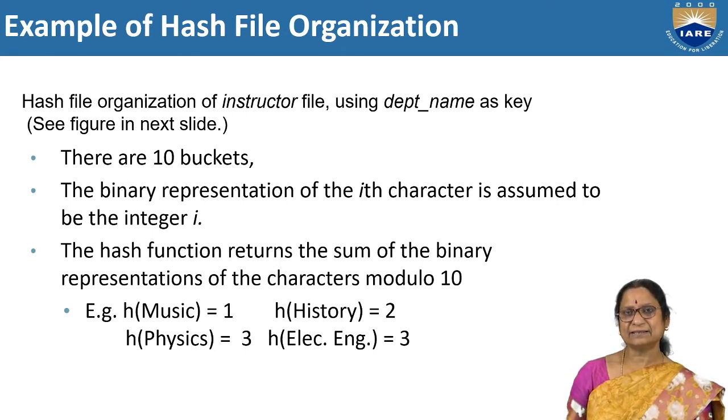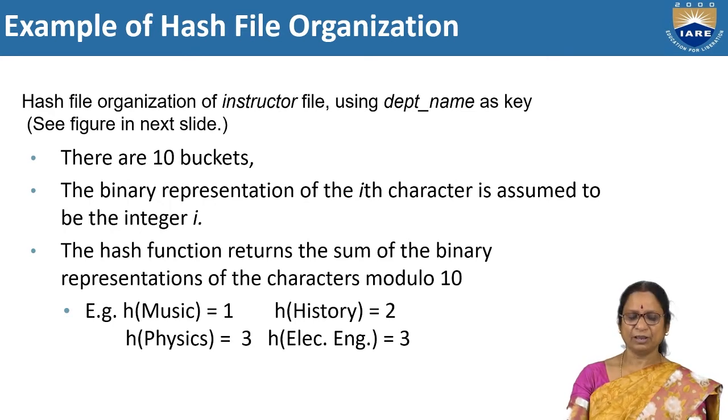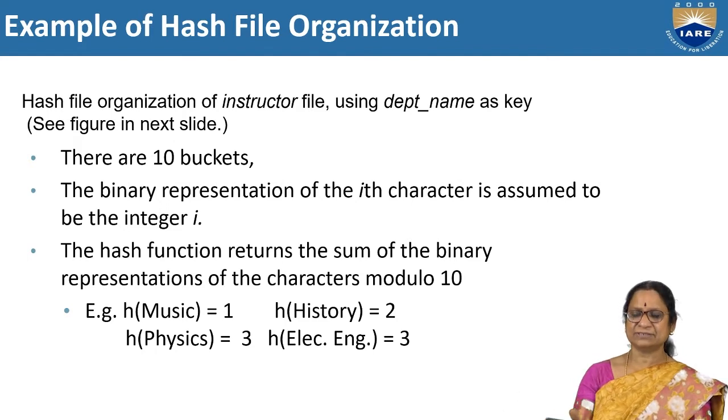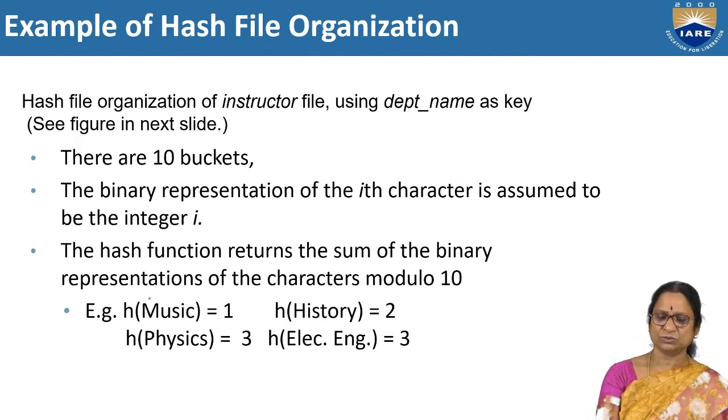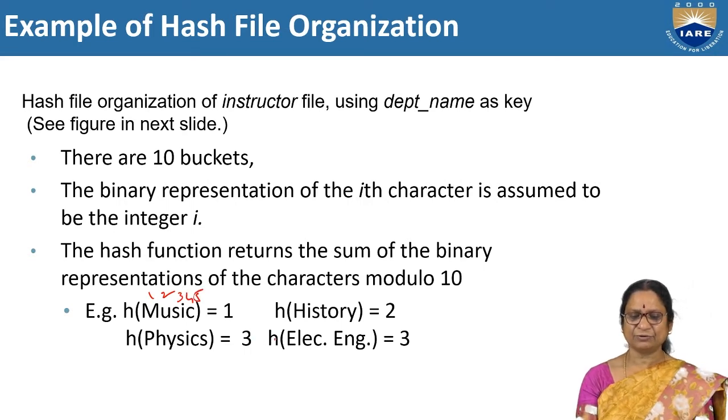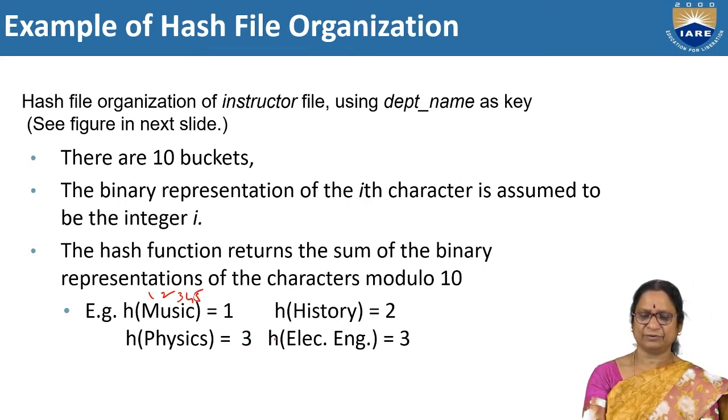So how many buckets are there? That depends upon the number of remainders. Here we get 10 remainders, 0 to 9, so bucket numbers are going to be 0, 1, 2, 3, 4, and so on. For example, take 1, 2, 3, 4, 5 as the integer values of i. The sum of these numbers is going to be 6, 10, 15.